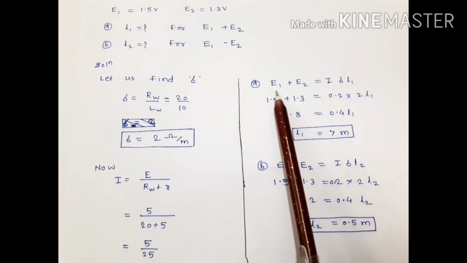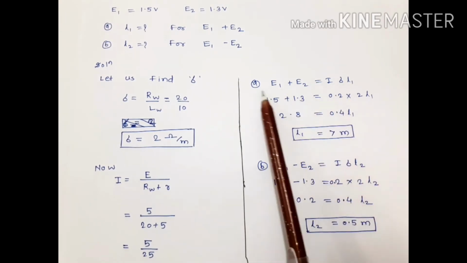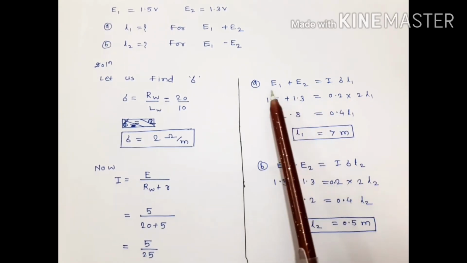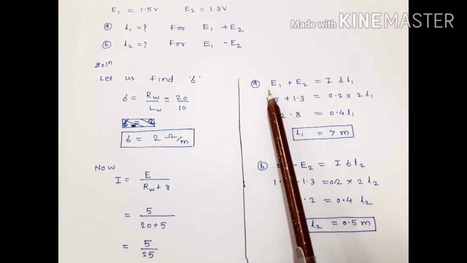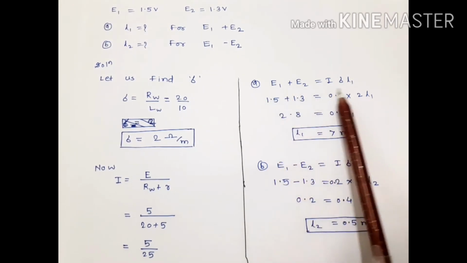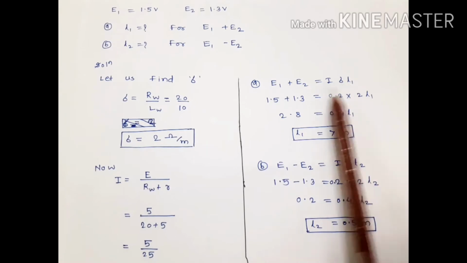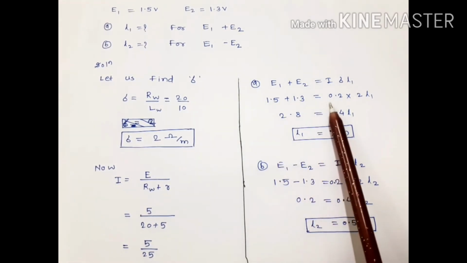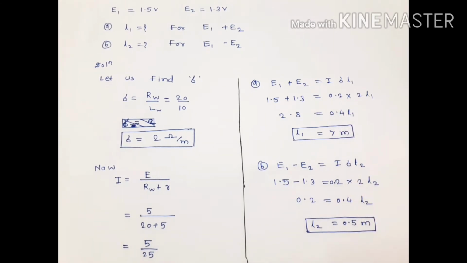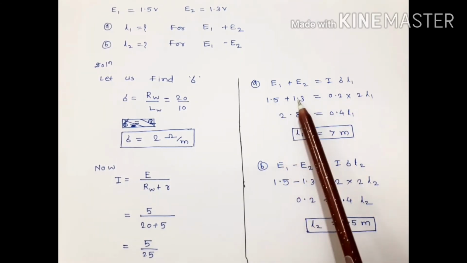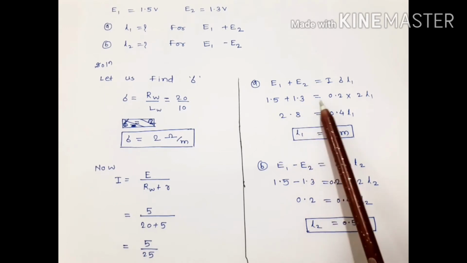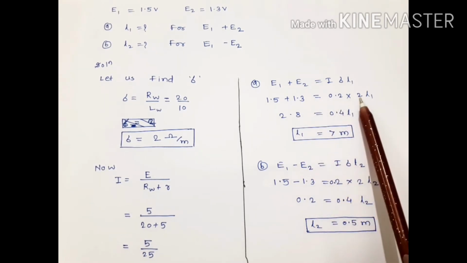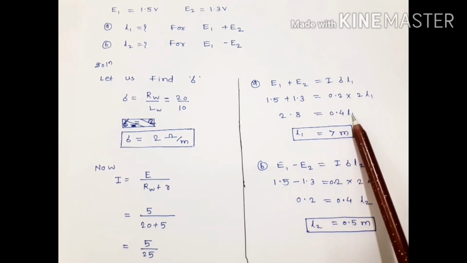Now, our aim is to find out the balancing length when the cells are connected in assist mode. The formula for it is E1 plus E2 is equal to I sigma L1. By putting the values of E1, E2, current as well as sigma, we got 1.5 plus 1.3 is equal to 0.2 into 2 into L1. 1.5 plus 1.3 is 2.8, and 0.2 into 2 is 0.4 L1.